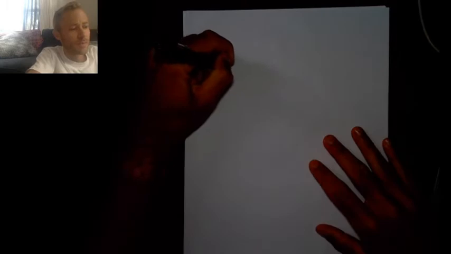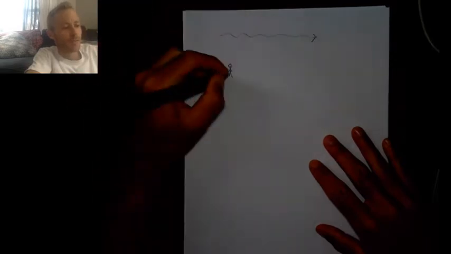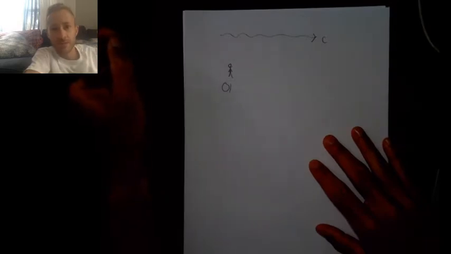So for example, this is a really weird fact about special relativity, okay? What if I'm sitting here and I'm watching a beam of light go by? So this is observer 1, watching a beam of light go by at the speed of light.